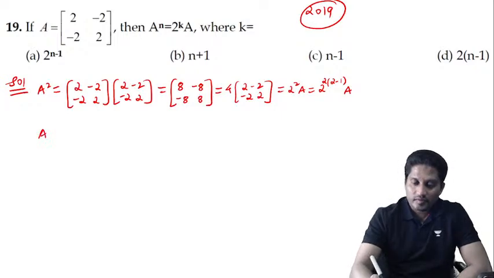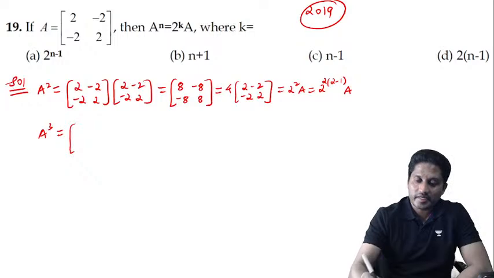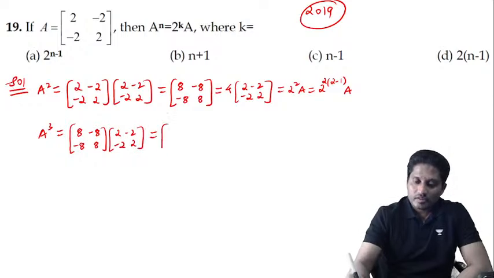Now A cube can be written as A square into A. So this is 8 minus 8 minus 8 and plus 8. And this is equal to 2 minus 2 minus 2 and plus 2, is equal to 16 plus 16 is 32 minus 32 minus 32 and plus 32.